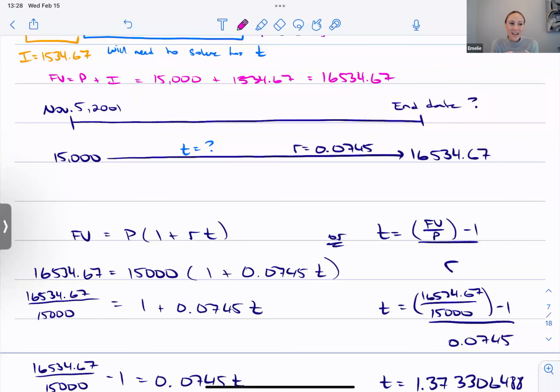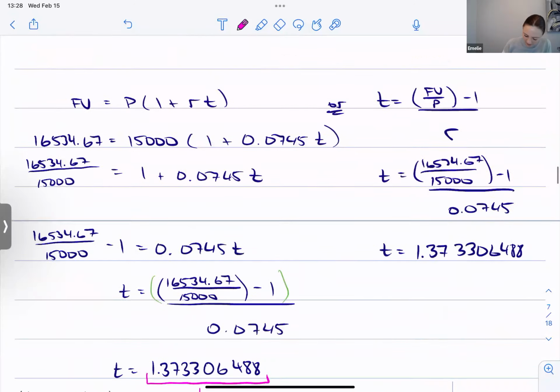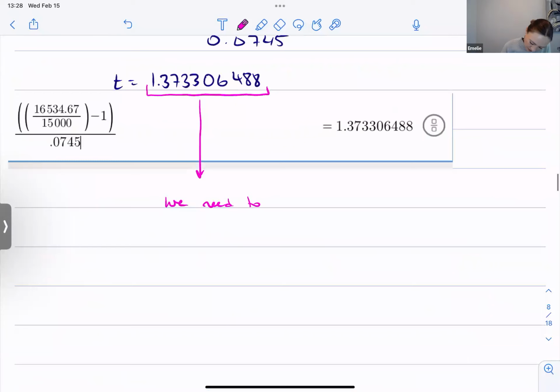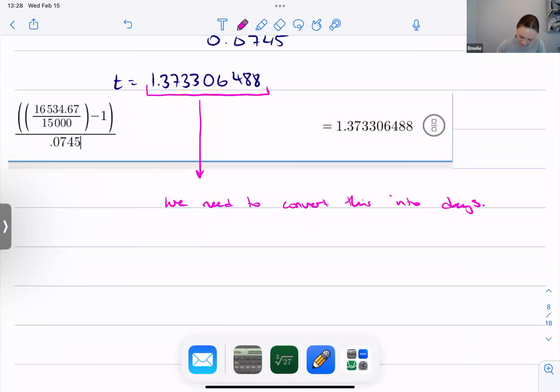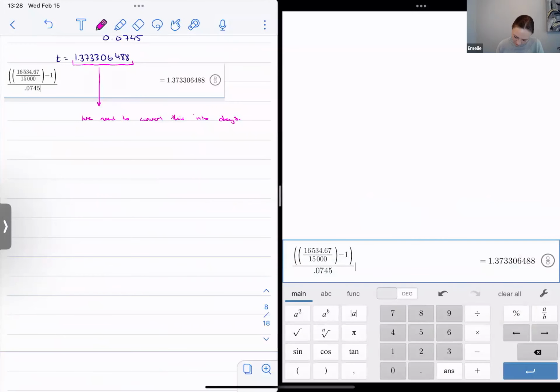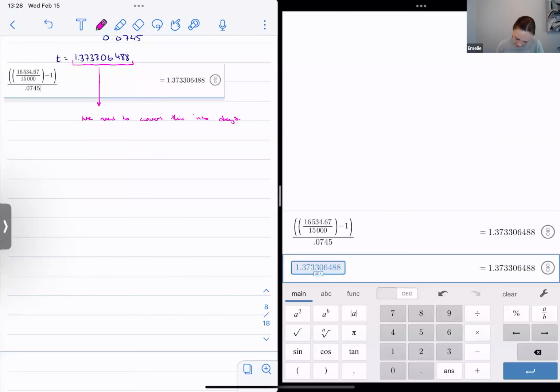Quite a difference. To use the days between dates calculator, I need to know the number of days between these two dates. So that's why we need to convert this into days. How can I do that? Multiply by 365. So answer times 365.